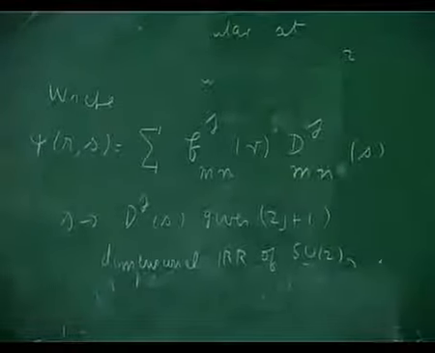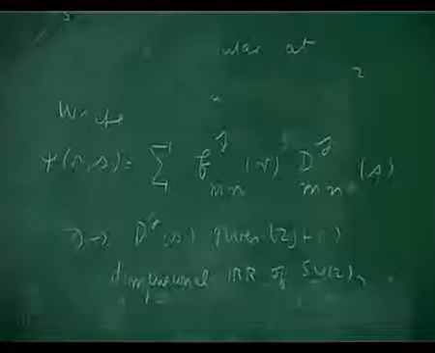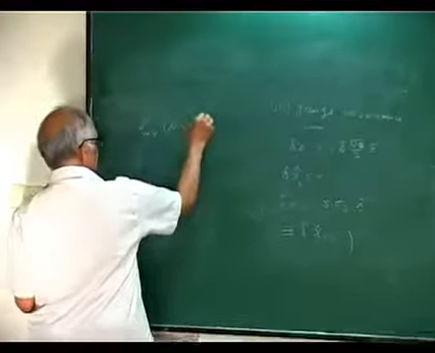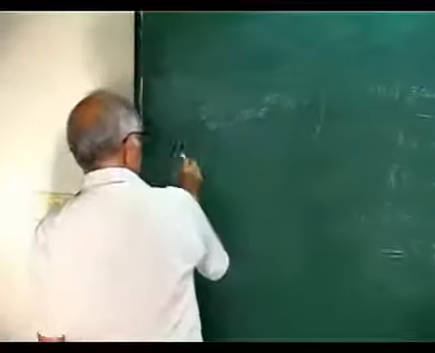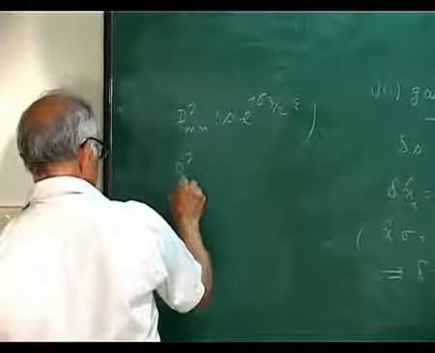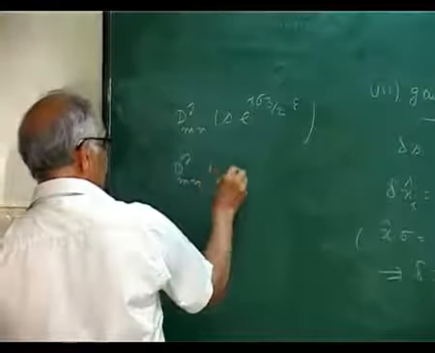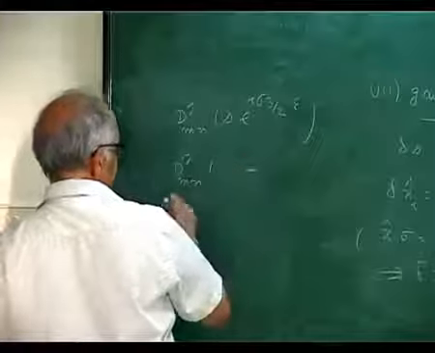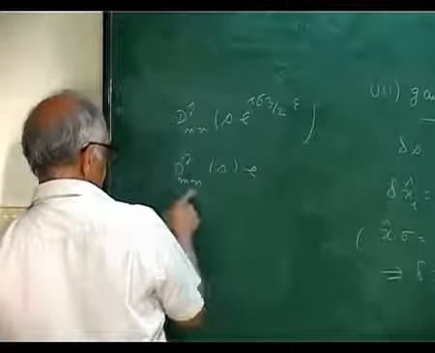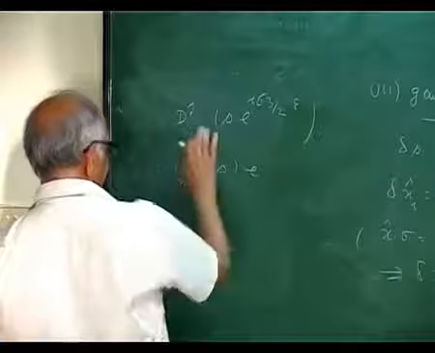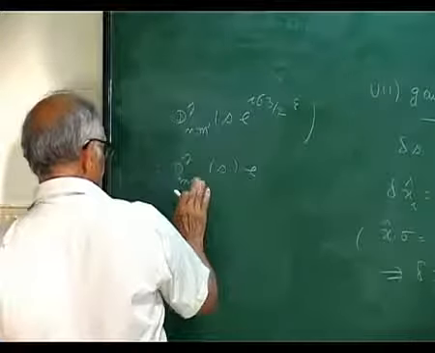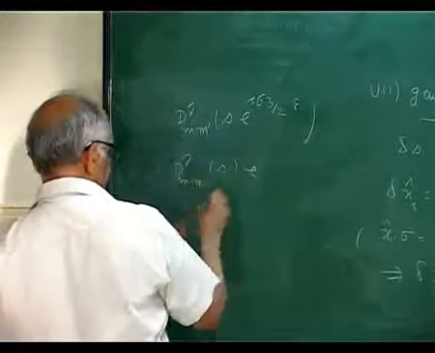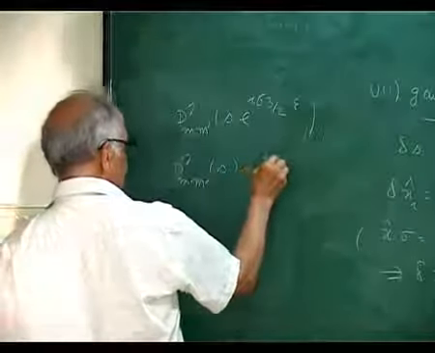Now what does this equation say? The constraint says D^j_{mn}(s) times exponential i sigma 3 over 2 epsilon is D^j_{mn}(s) times exponential i m prime epsilon.